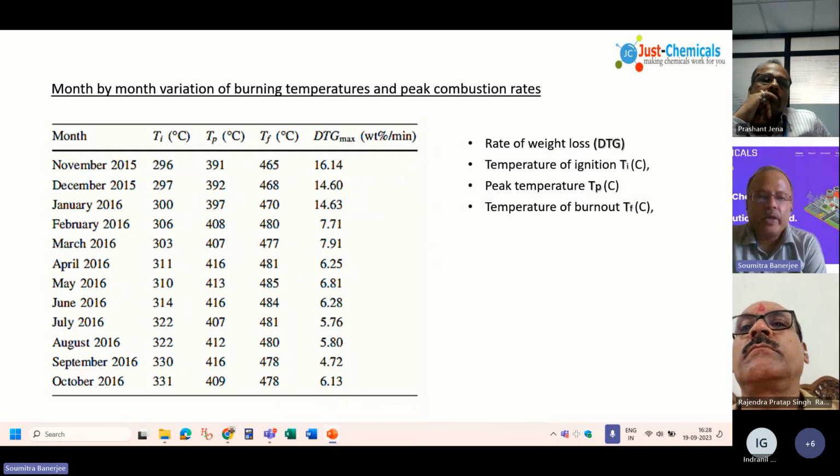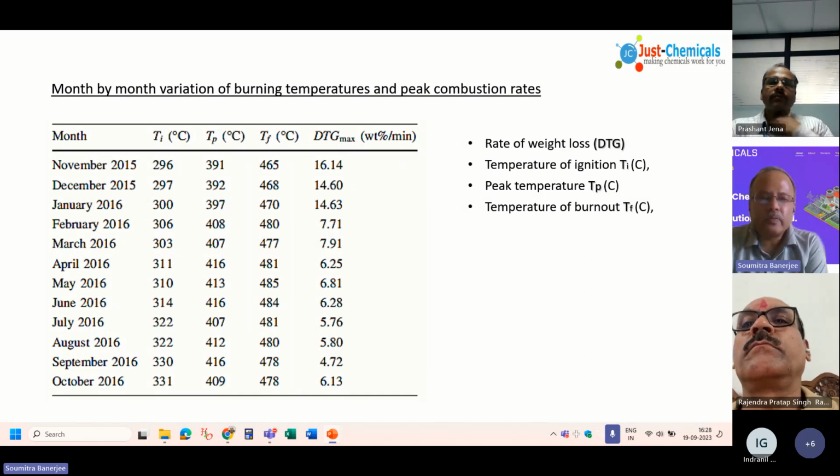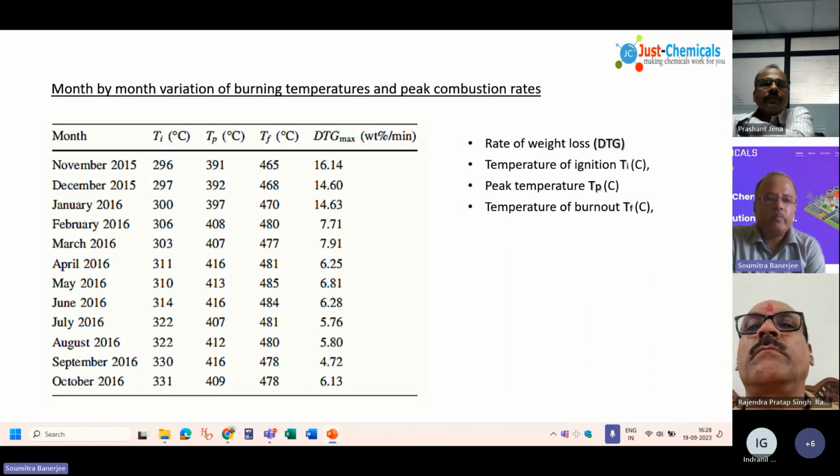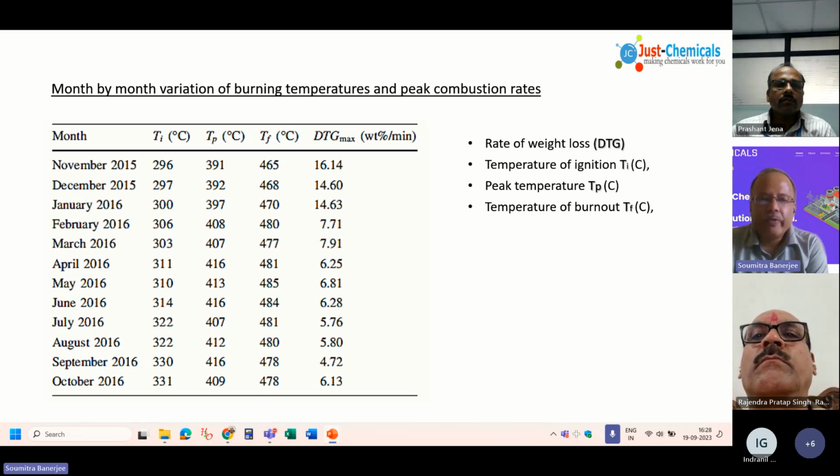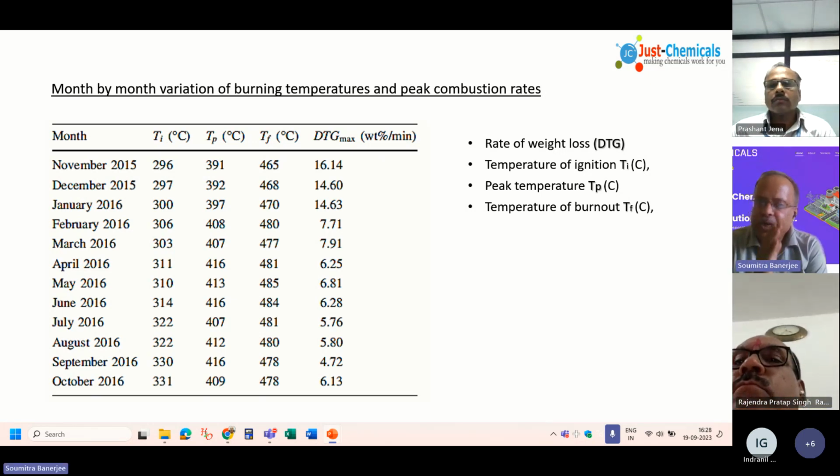You see the rate of weight loss, DTG max, 8% minimum from November 2015 to October 2016. It was very linear, but quite fast.